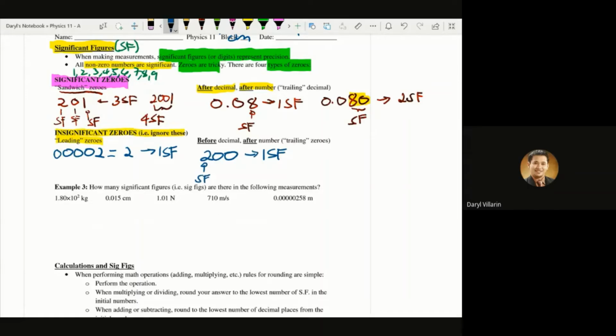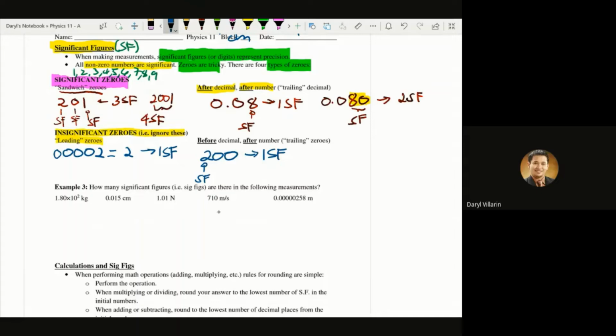If you want to express this so that the zeros are significant, sometimes you write it in scientific notation. If you want to specify the correct number of significant digits, let's say I want to express it as 3 significant figures, because it is a certain measurement, how would I do that?